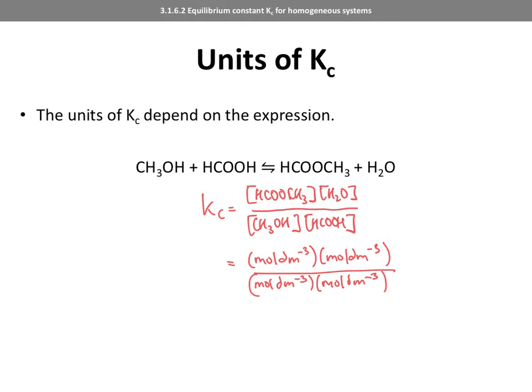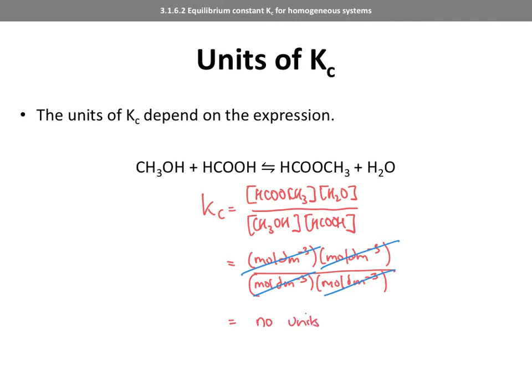If we look at that, we can simplify it. That's what we should always try and do. Those moles per decimeter cubed cancel out, and those cancel out. So what we would actually be left with in this particular example is that Kc would have no units.